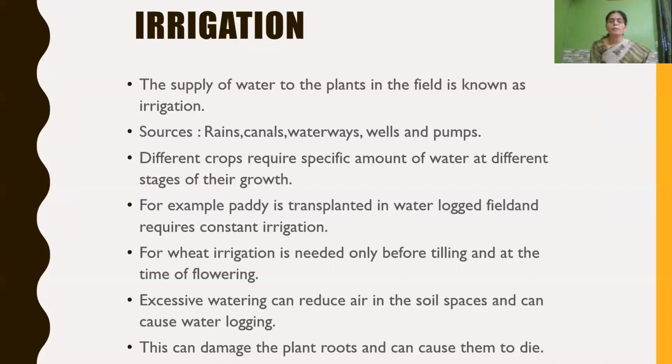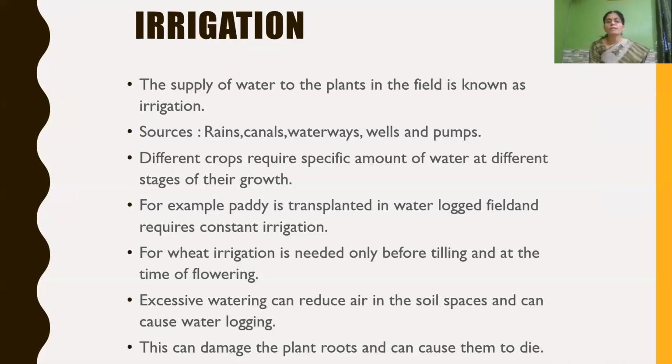For example, paddy is transplanted in a waterlogged field and requires constant irrigation. But for wheat, irrigation is needed only before tilling and at the time of flowering. And we should also not irrigate too much.